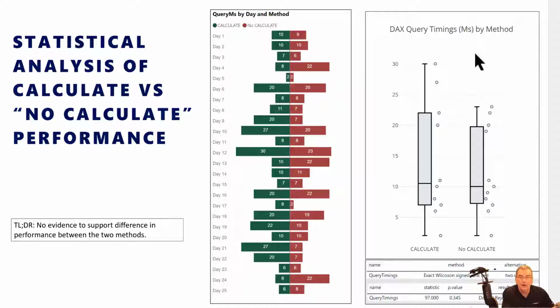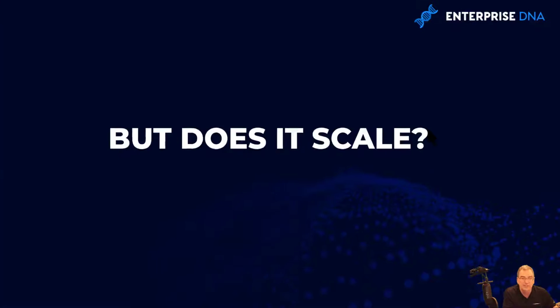And what we found was that there was no statistical difference between the calculated and no calculated measures. And in fact, what Greg mentioned before was true in this case too, that the variance of the no calculated measure relative to the calculated measure was smaller, but no statistical difference in terms of speed.